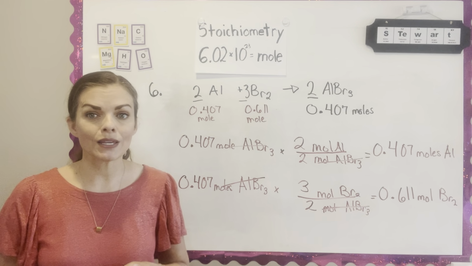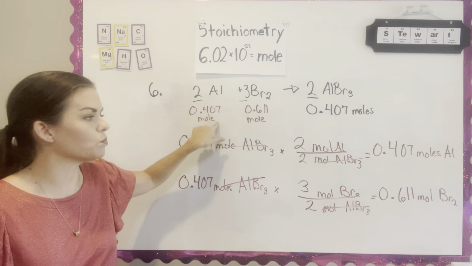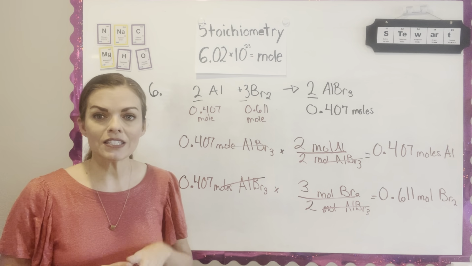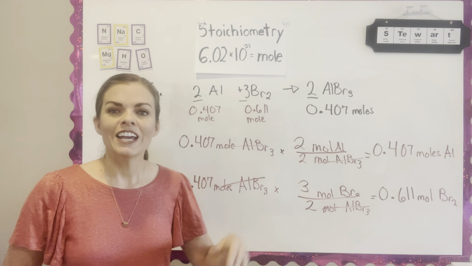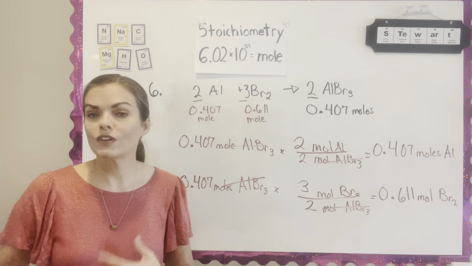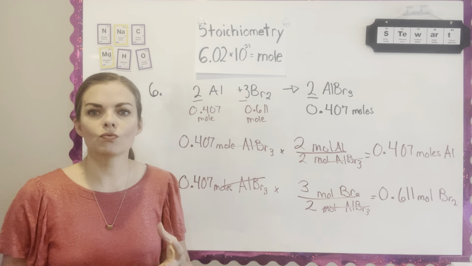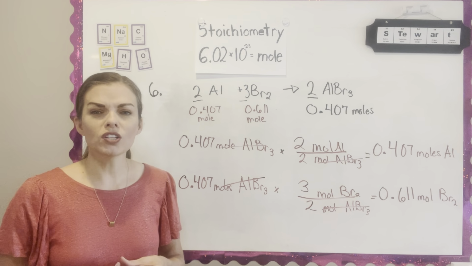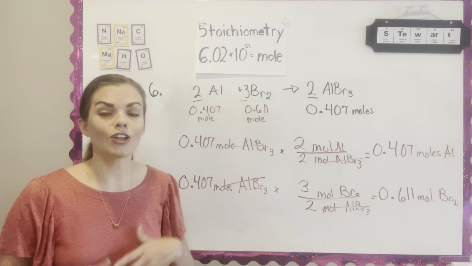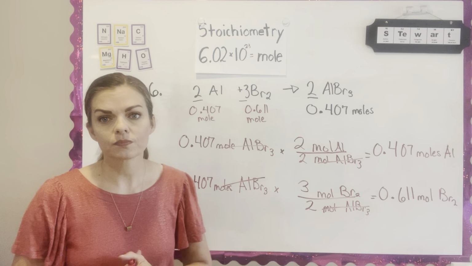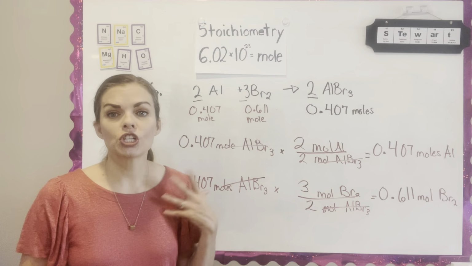A lot of times in chemistry, you're not going to mix things in perfect ratios. There's always going to be one thing that limits how far the reaction goes, and that's what gets run out of first, whether it's your eggs or your aluminum. Then you're also going to have another reactant called the excess, which you usually have too much of, and that is going to be your cheaper reactant.